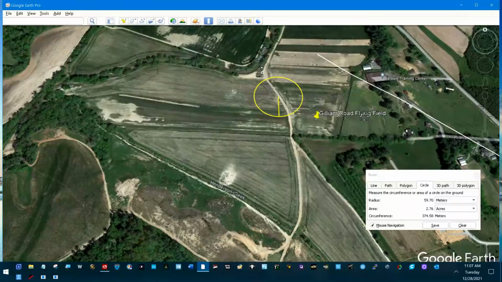But the 60 meters, if I use a rally point and stick it out here anywhere, would be good. Don't want to stick it way out here, but even doing this would work. Even doing that over here would work, just barely along this boundary.